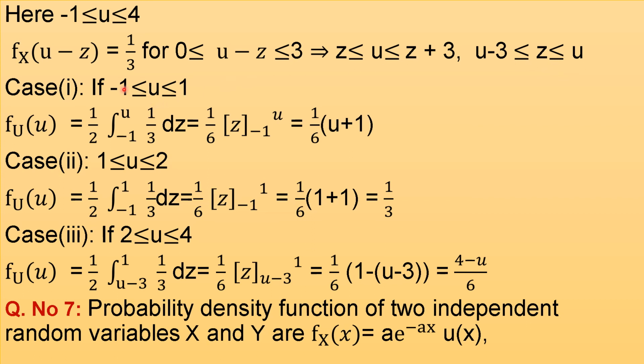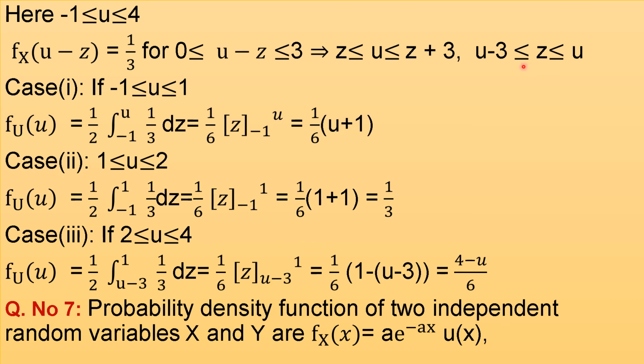Now we have taken u as value between -1 and +1. When u is -1, u minus 3 will be -4. When u is +1, u minus 3 will be -2. So u lies between -1 and +1 means u minus 3 lies between -4 and -2.